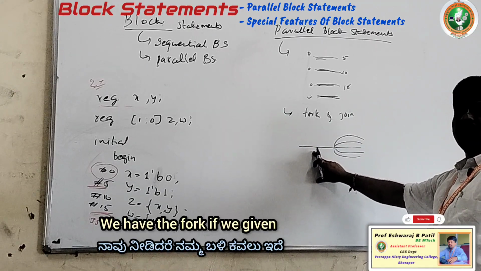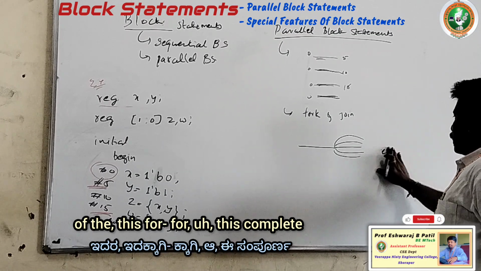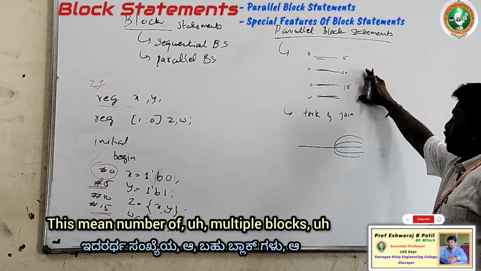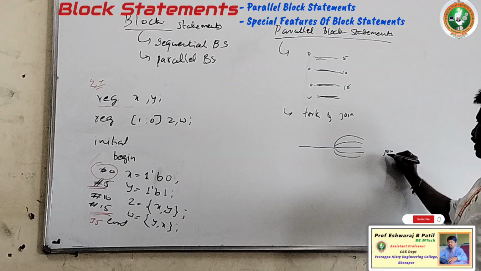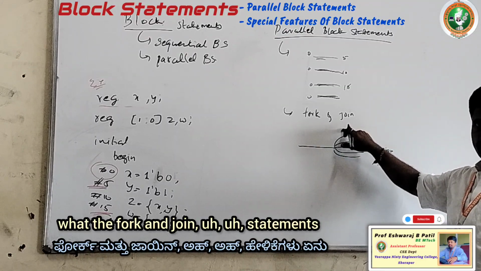If we give fork, then it will be combined with join at the end. These multiple blocks, multiple statements will be joined together at the end. That's why we use fork and join statements.